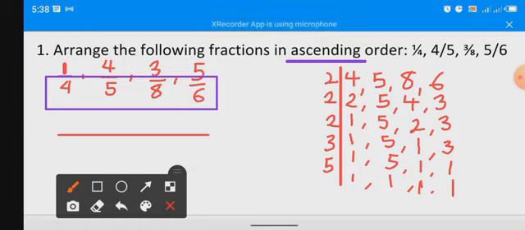Now to find the LCM of these numbers, you write out the numbers 4, 5, 8, 6. Then you begin to divide using prime numbers.